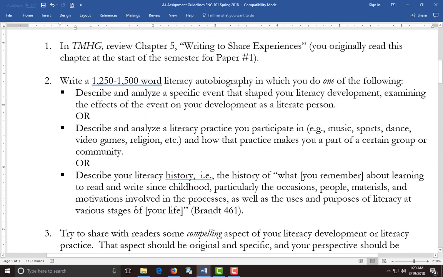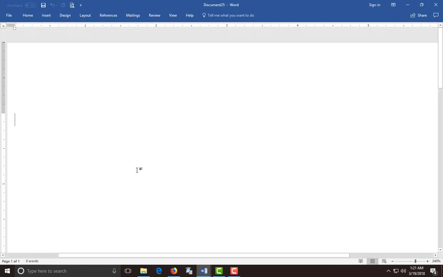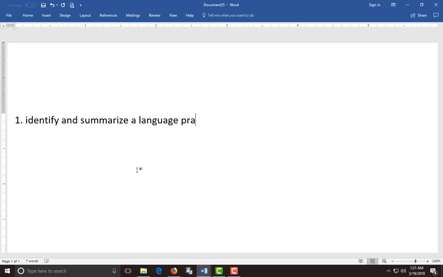Something you can keep in mind is that you'll be doing 3 things. You'll identify and summarize a language practice or language phenomenon you are a part of, or that you've experienced.